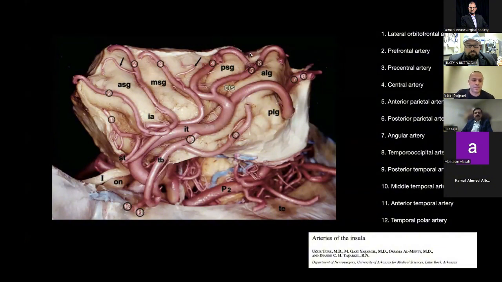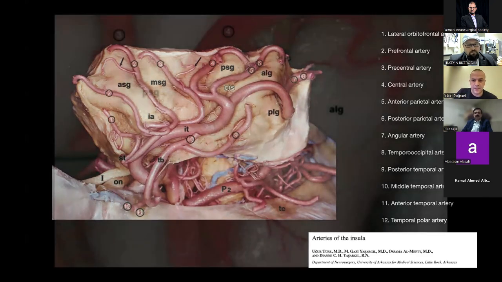So for the M2 branches of the middle cerebral artery, I want to say that especially the central artery, which goes through the central sulcus of the insula, is the most prominent artery of the insula. And the insular cortex is supplied by these branches of the M2 segments of the middle cerebral artery.